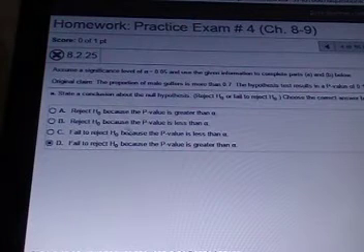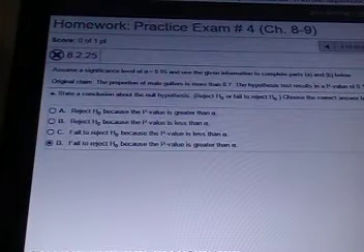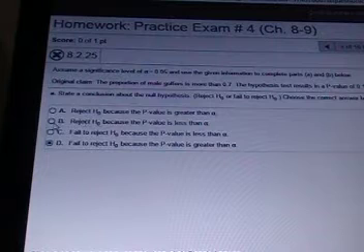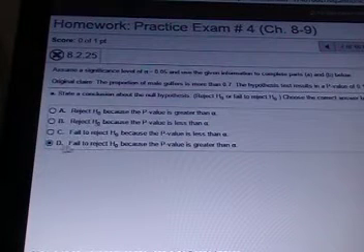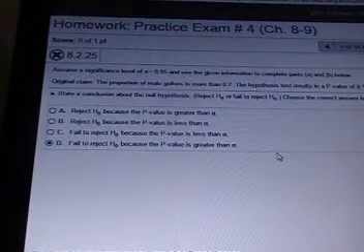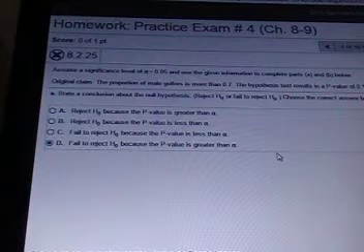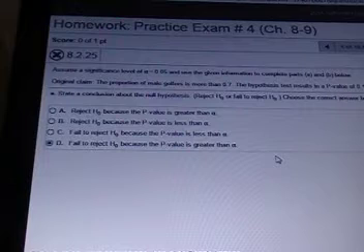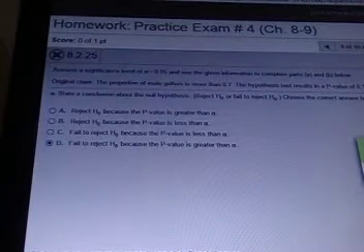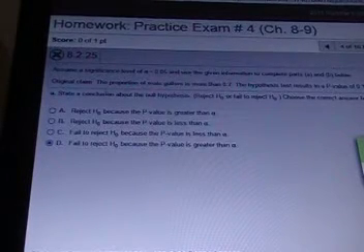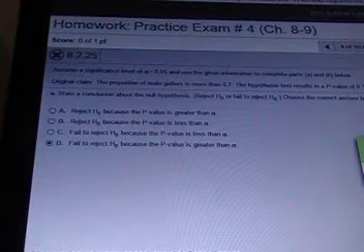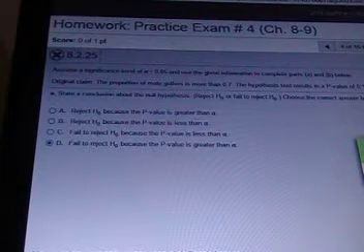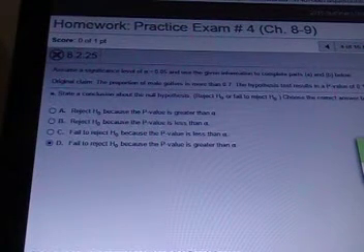If you have a p-value that's less than alpha, you would reject the null hypothesis. So really, part B and part D are the only two possible answers you would ever put on any question. A and C are just putting the opposite of what could be possible, but they're never even possible. It's always reject the null because the p-value is less than alpha, or fail to reject the null because the p-value is not less than alpha. It's greater than alpha.